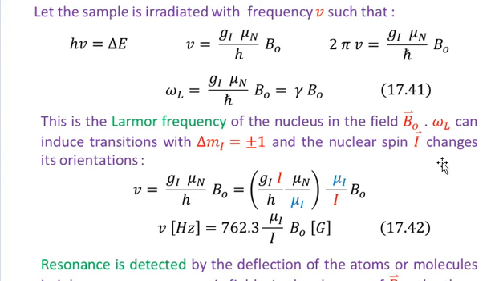And the nuclear spin changes in orientation. That is, if there is an absorption between the two levels of the hyperfine structure, then between these two levels the nuclear spin will change. And if there is an emission between those two hyperfine levels, then the nuclear spin will also change.